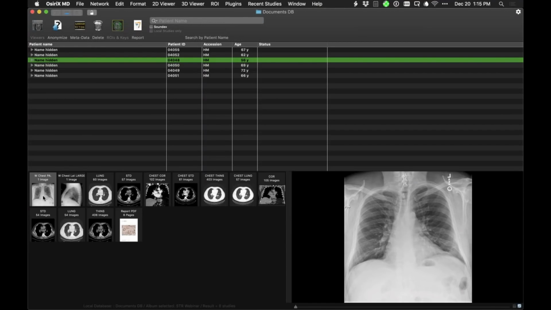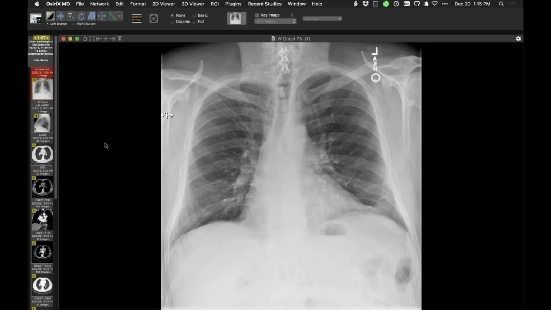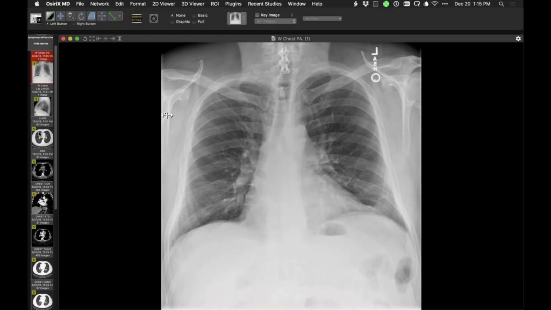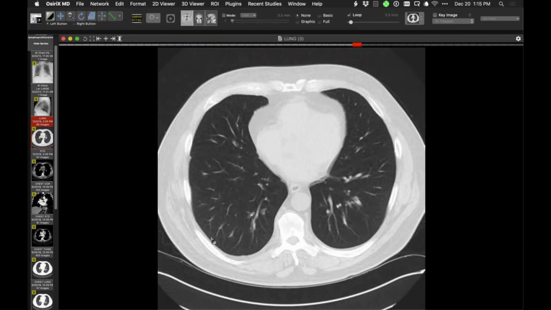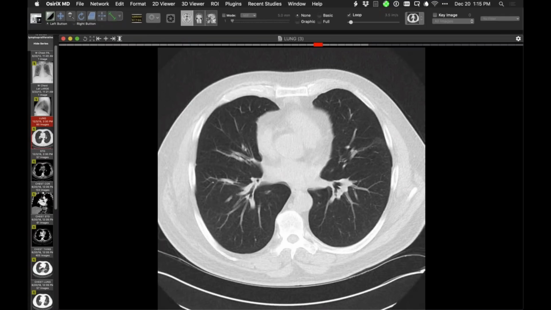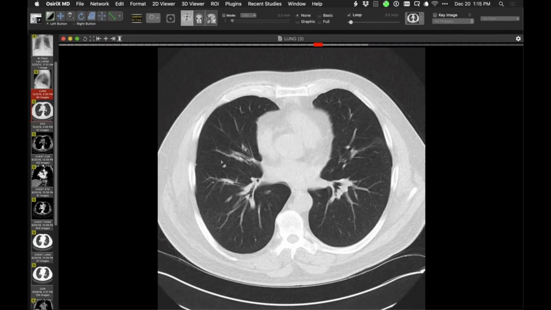Okay, this is also an interesting case of a patient that developed opacities in the lungs, which are new from 2016. Let me make sure I got the right patient.